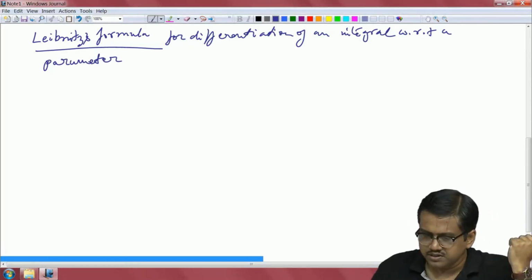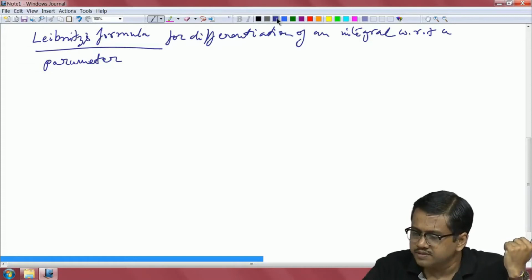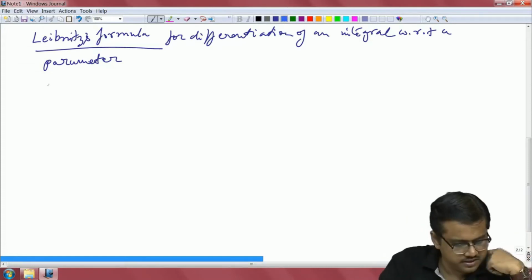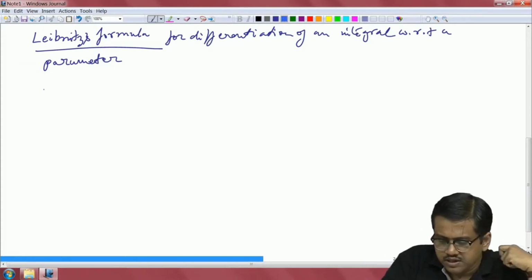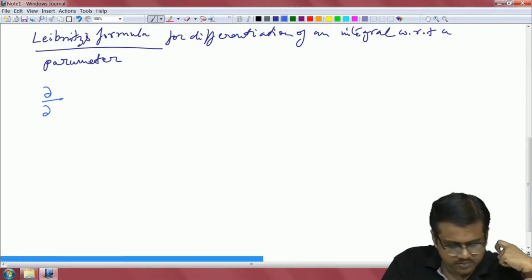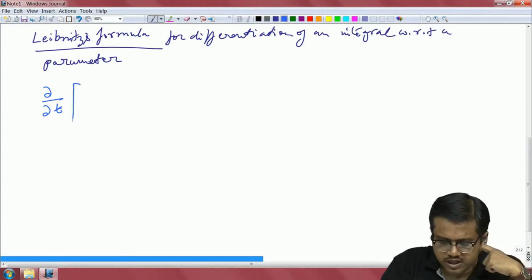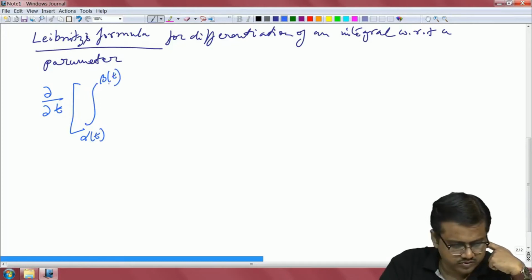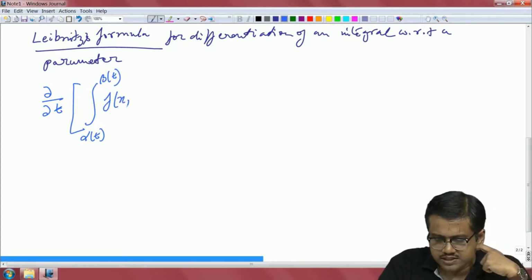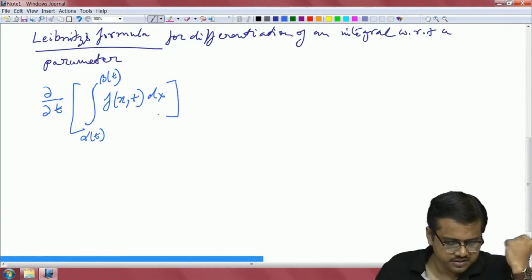Let us change the pen color to something like this. Let us take this particular form, and this will come in very handy. This is the generalized form. Pay attention to the details.